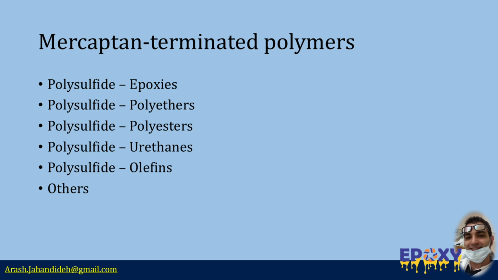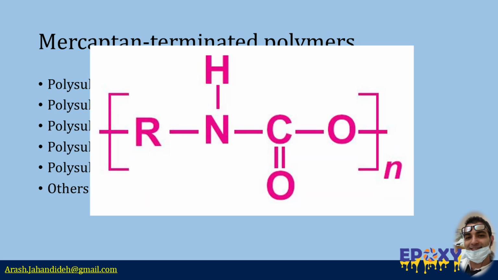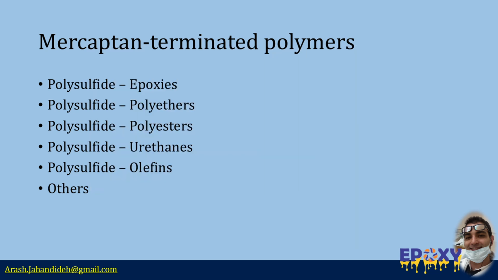polyester-based mercaptan polymers. In the field of polyurethanes, researchers have developed polymercaptan polyurethane polymers by reacting disulfide-containing polyols with diisocyanates and dimercaptans. These polymers cure readily with oxidizing agents.